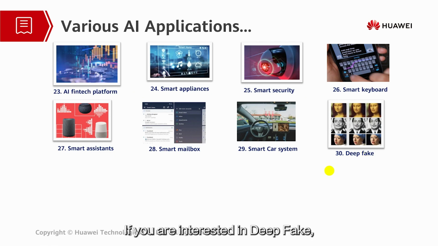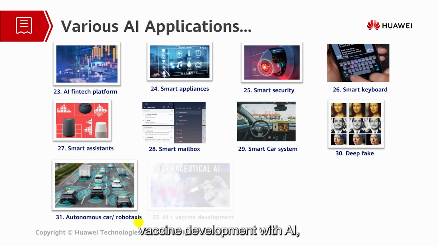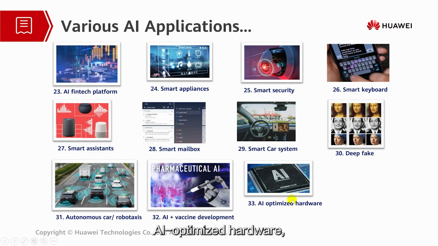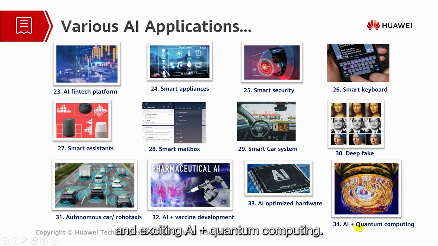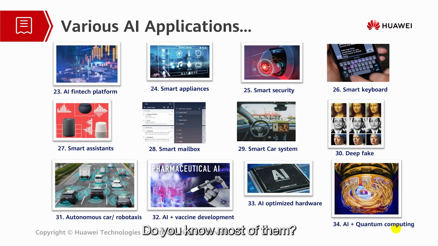If you are interested in deepfake, you could do a little research. Then we have autonomous cars or robo-taxis in the early stages. Vaccine development with AI, AI optimized hardware, and exciting AI plus quantum computing. These are the well-known AI applications of today. Do you know most of them?